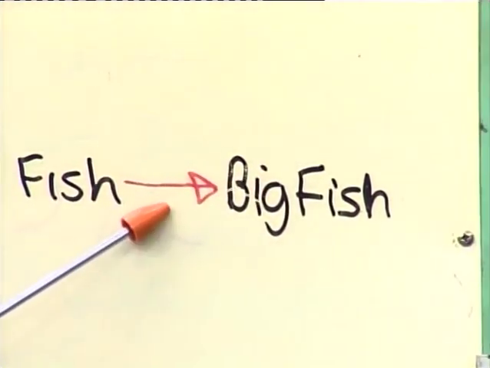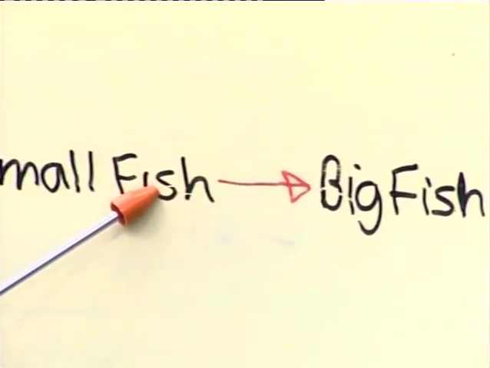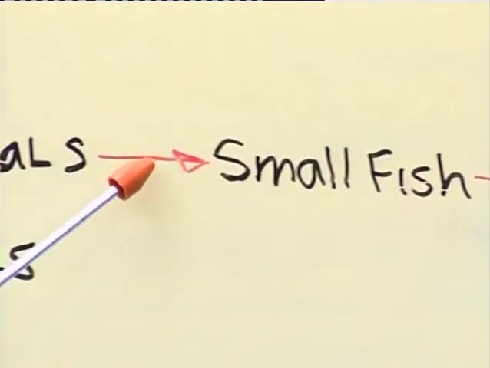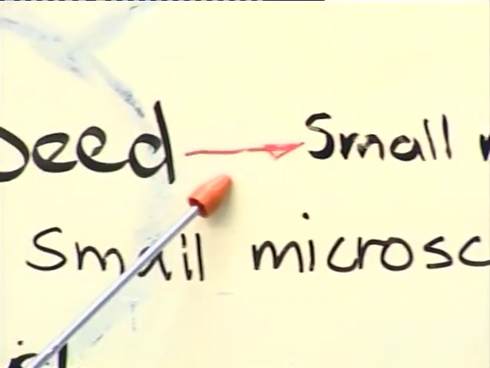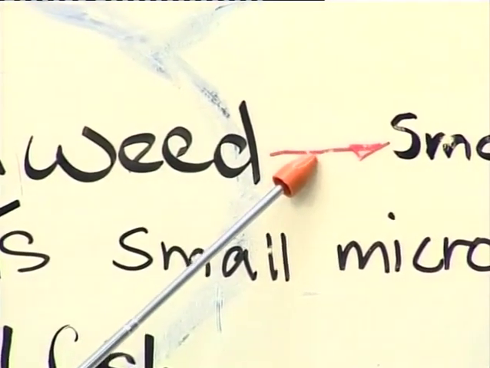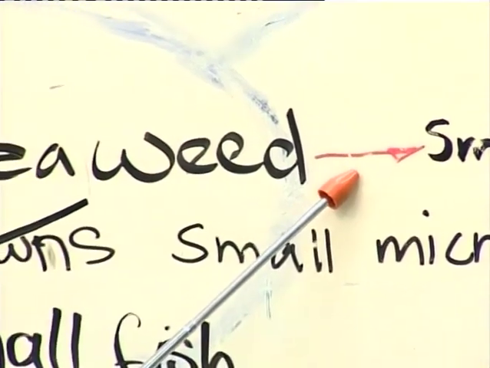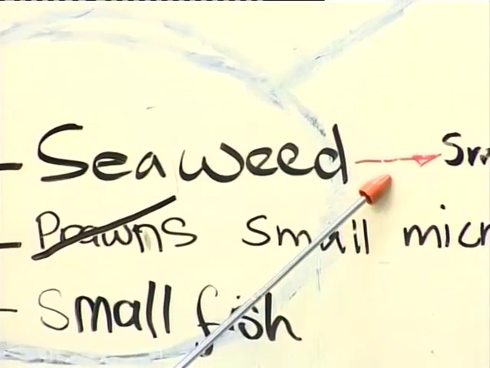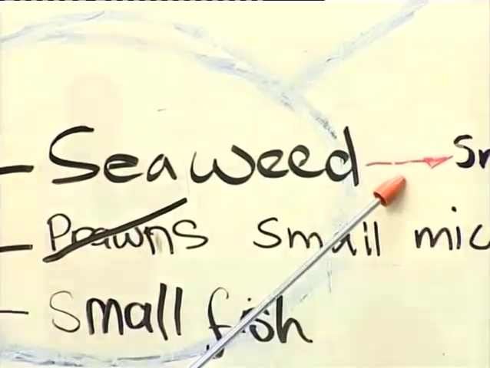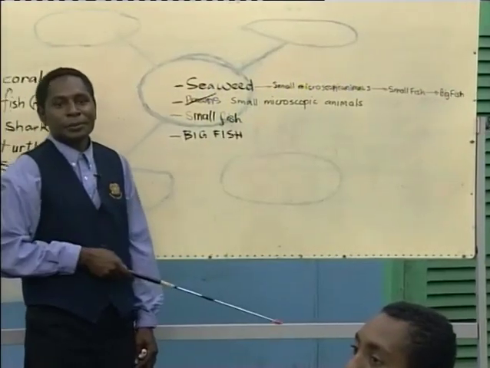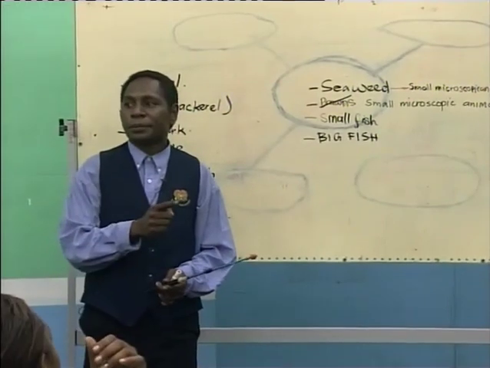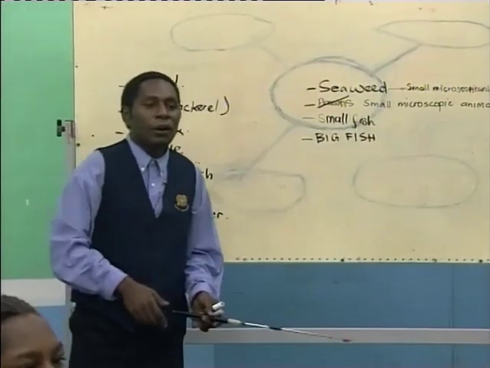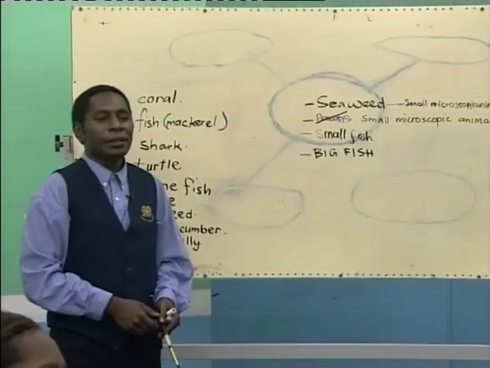Now, as you can see, those red arrows there, over here, and here, what do those red arrows indicate? Energy.